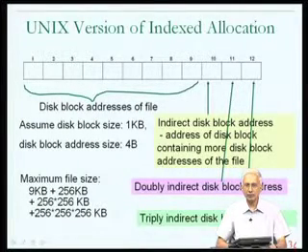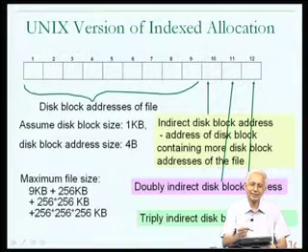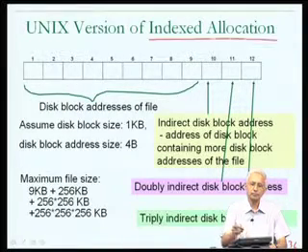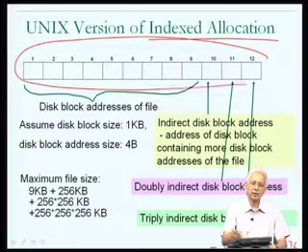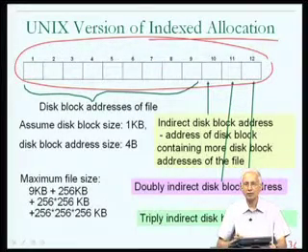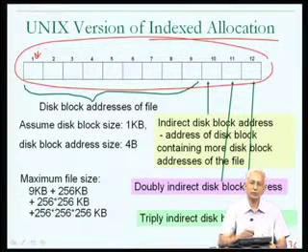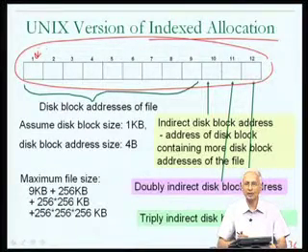And we saw that the prevalent mechanism that is used for managing the disk in terms of allocating disk blocks to files is something known as indexed allocation, in which an array of disk block addresses is associated with each file. The first disk block address would refer to the first disk block containing the data pertaining to this file.